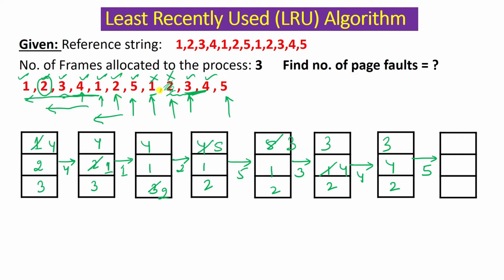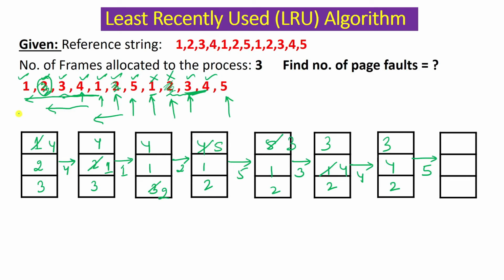And even if, let's say, we have 4, 3, and in the past this 2 was not there. Then also what will happen? I will say 4 and 3 are getting used in the past, but there was no 2. So if there is no 2 present, then also I will say 2 is getting used least in the recent past.